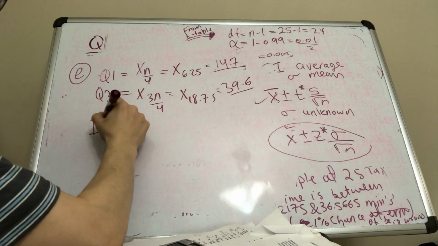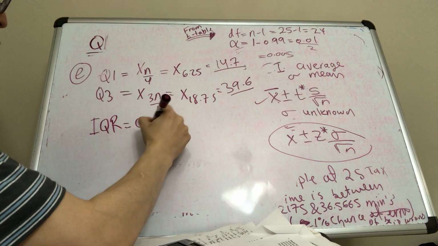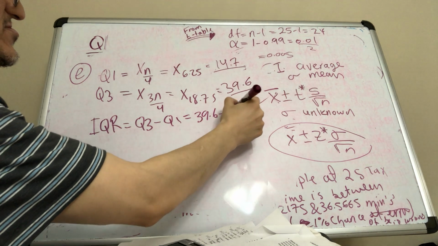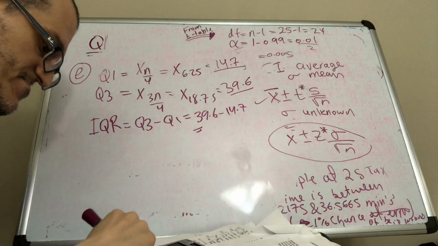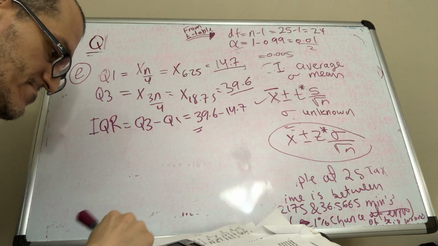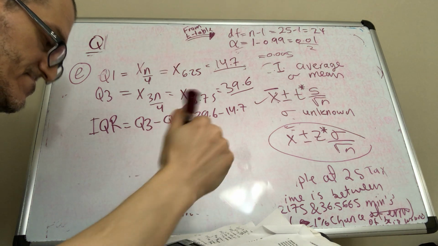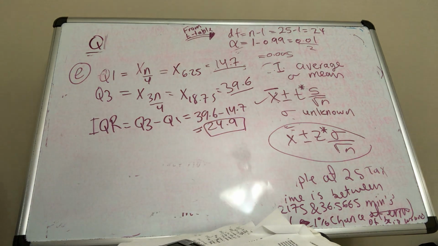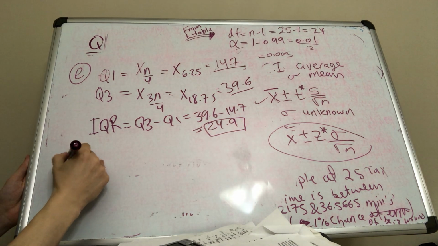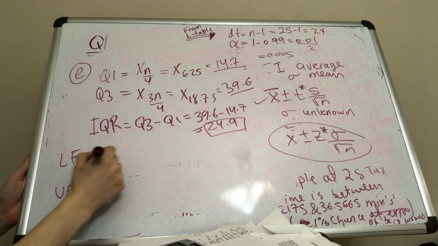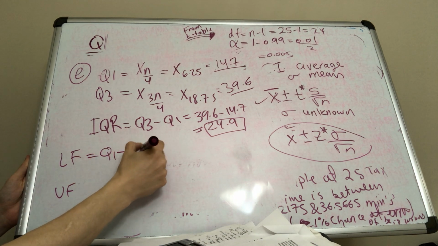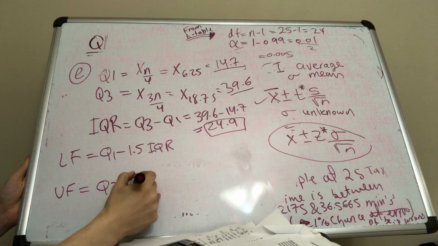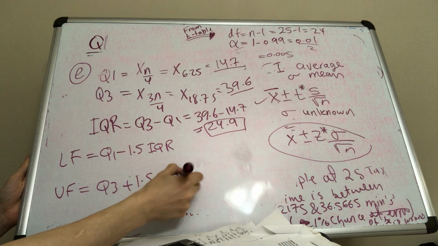Then your IQR is Q3 minus Q1, 39.6 minus 14.7, which is 24.9. So we do lower fence, upper fence. Q1 minus 1.5 IQR and Q3 plus 1.5 IQR.